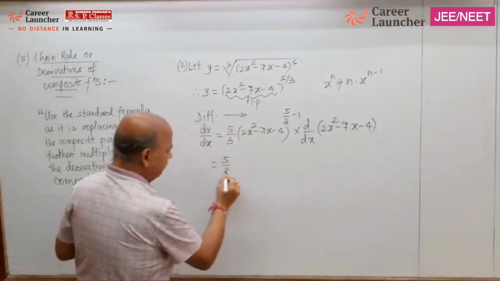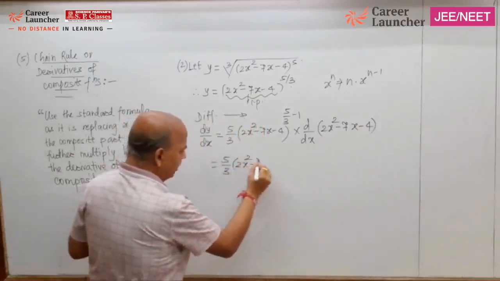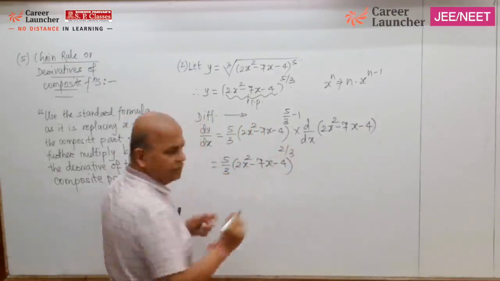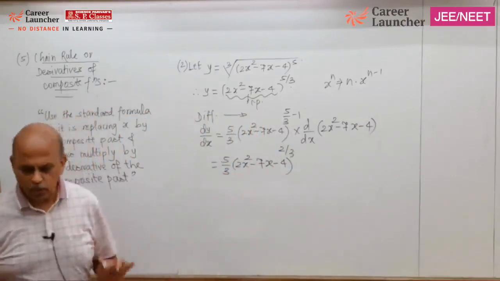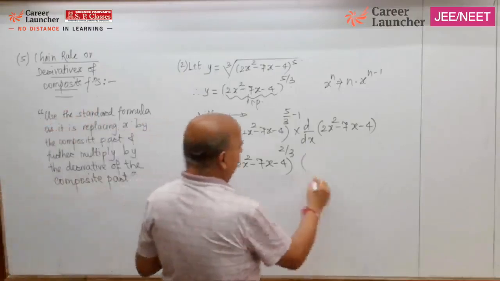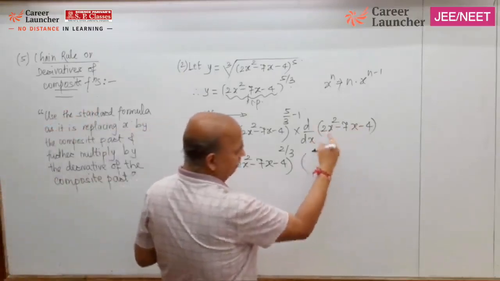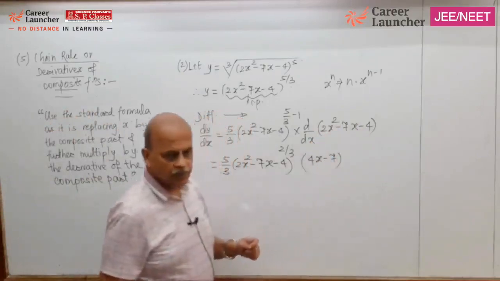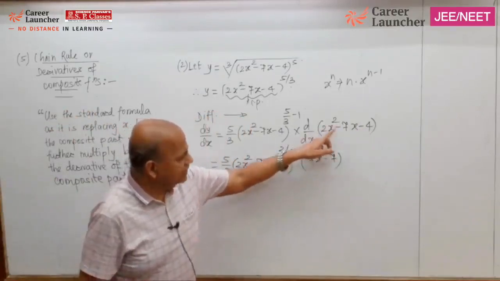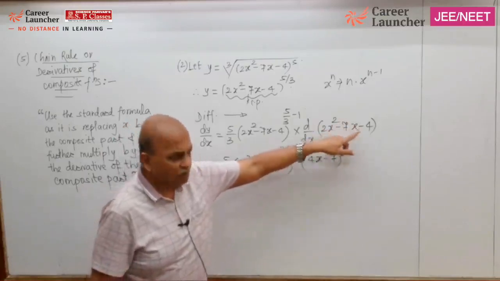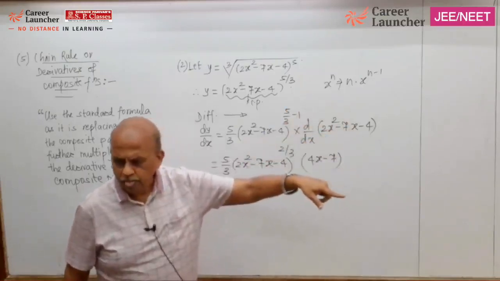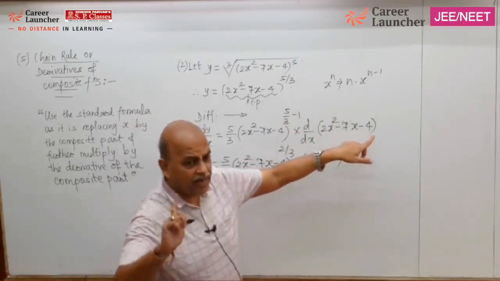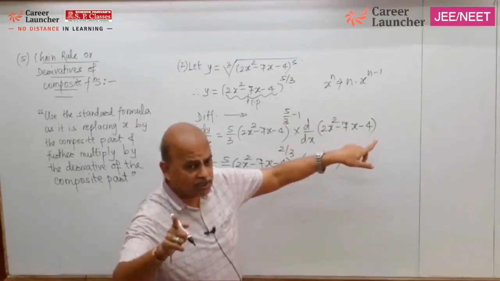And now let's see whether you know the simple derivatives or not. This is 2 by 3. 5 by 3 minus 1 is what? 2 by 3. Tell me what will be the derivative of this? 4x minus 7. Why? 2 into 2x minus 7 into 1 minus 0, that is 4. What we said? When it comes alone, it is a constant.